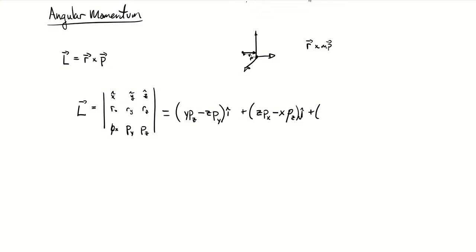And finally, the z component of the angular momentum would be this one. So immediately we've sorted out what the components of the angular momentum would be.